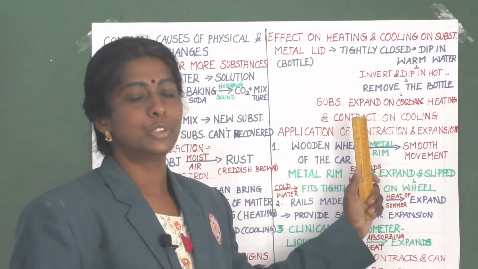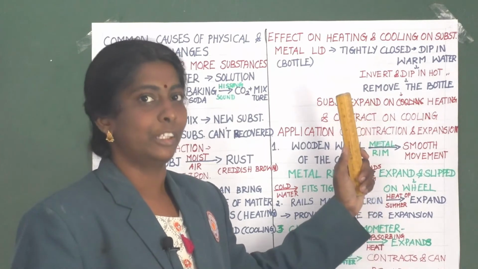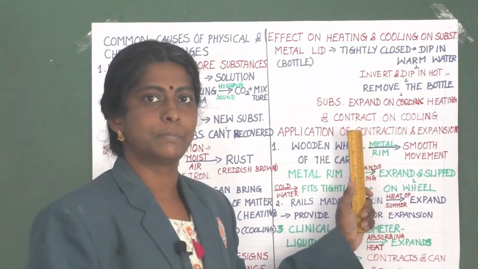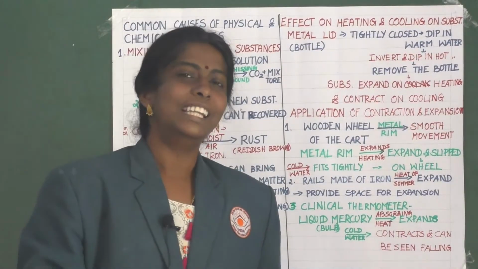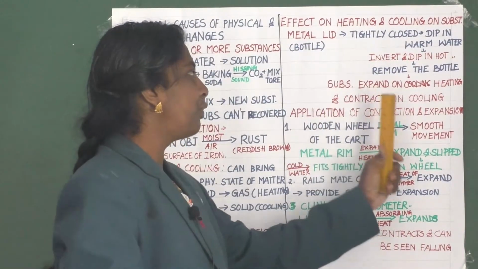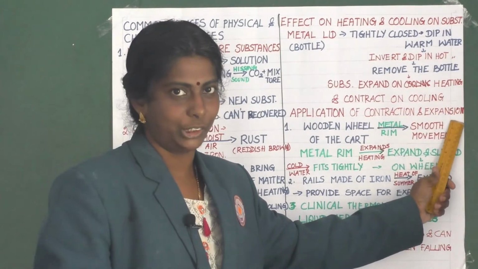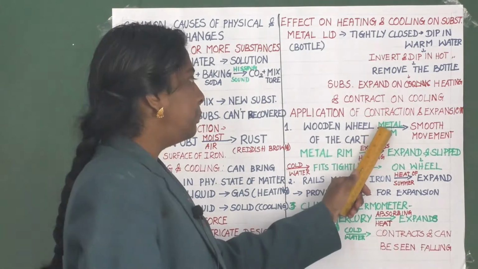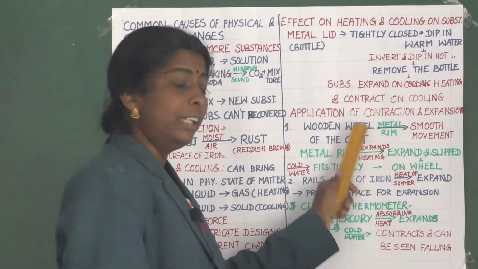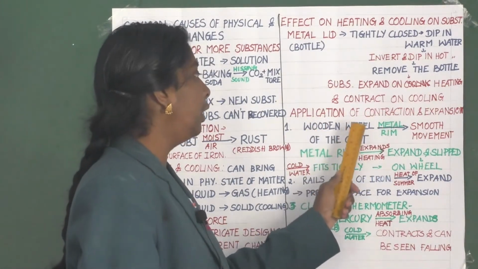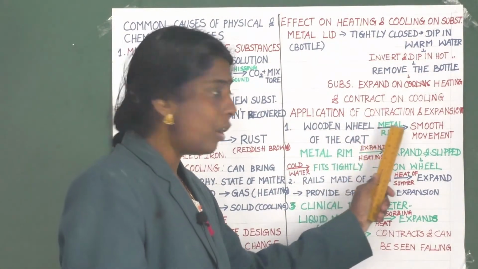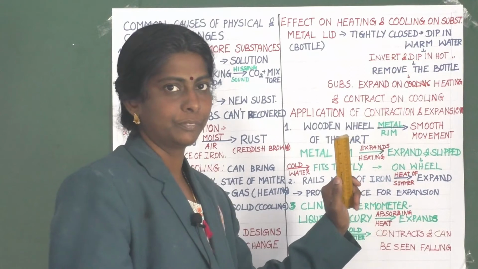Clear, children? So do this activity at home in the presence of your parent. Yes, children. Now let us learn about application of contraction and expansion. Clear? Okay. So the metal drum is usually fitted on the wooden wheel of the cart for smooth movement.